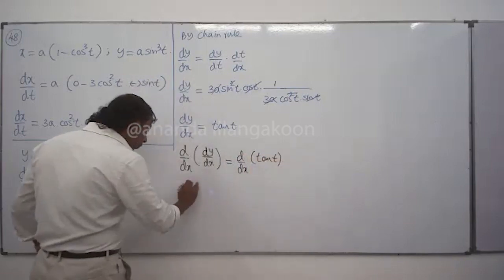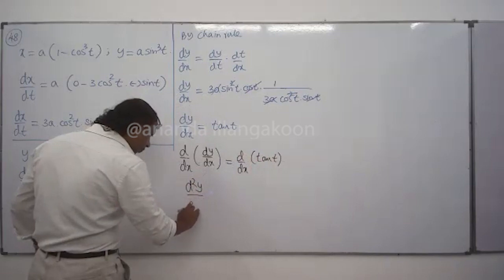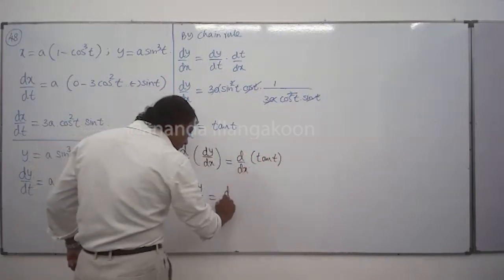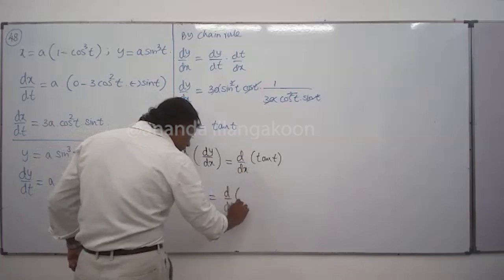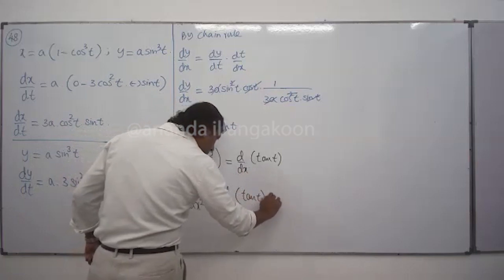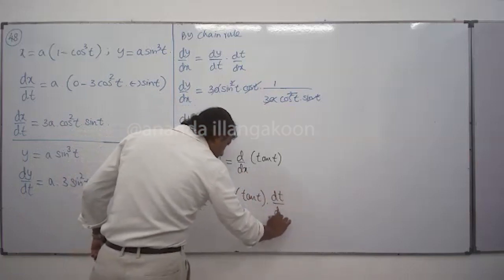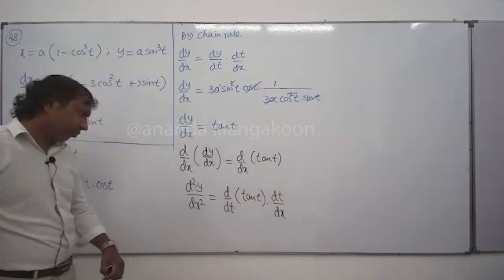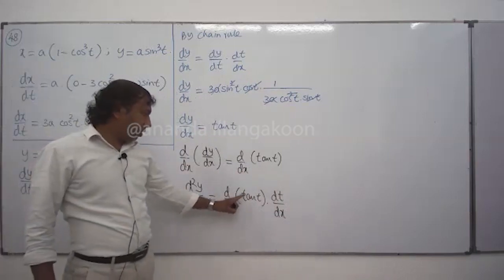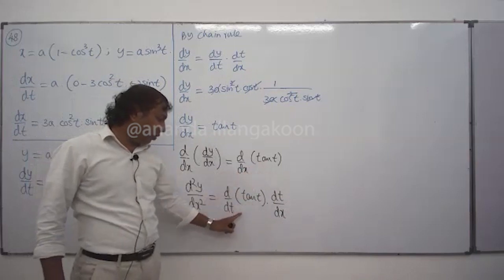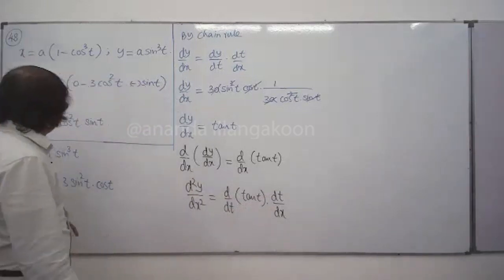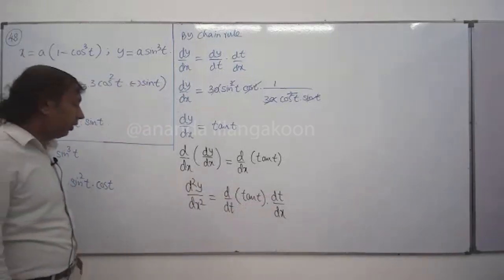This is the second derivative, d2y over dx2, and here we apply the chain rule. The derivative of tan t is sec squared t, and dt upon dx is the reciprocal of the earlier answer.